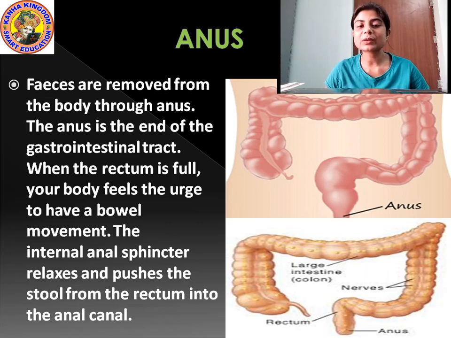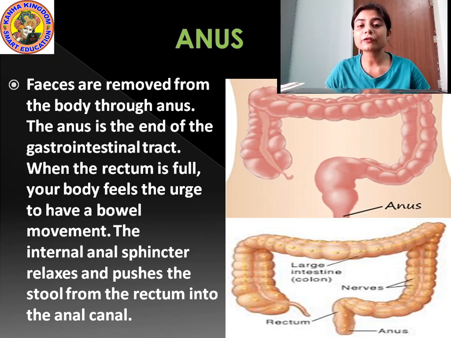Then the swallowed food moves from the food pipe to the stomach, and in the stomach the food is further broken down into smaller pieces.